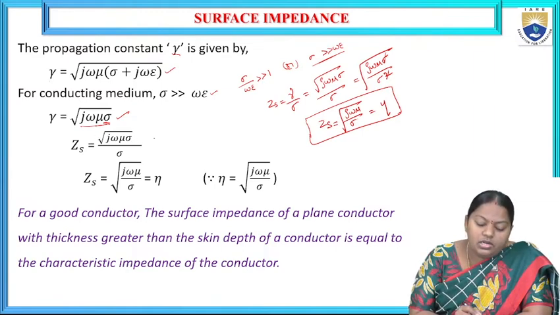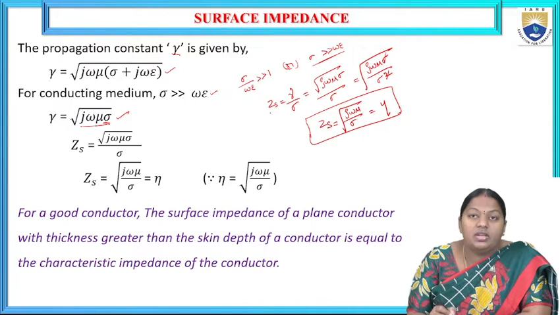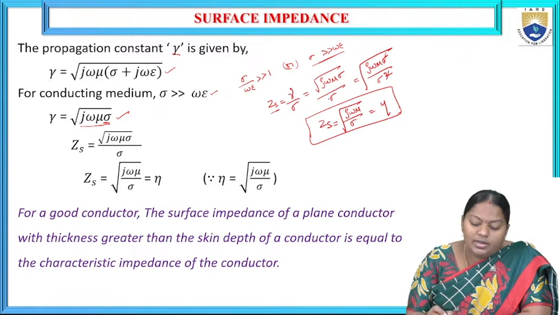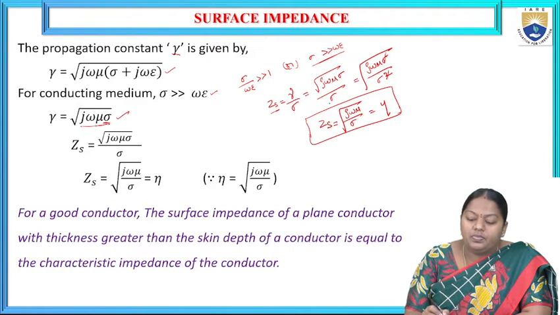Why we have substituted: from the previous analysis of the linear current density, the surface impedance Zs is obtained as gamma by sigma, right? If you substitute gamma by that relation, root over j omega mu into sigma, by sigma, then if you observe, in the numerator sigma is inside the root, and in the denominator sigma exists outside the root.